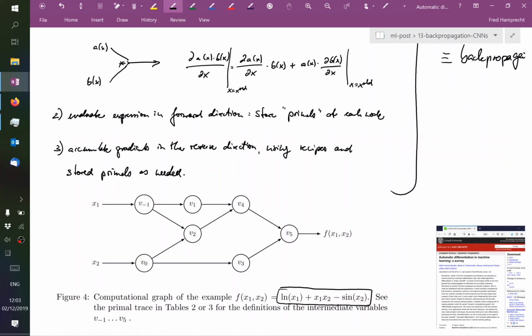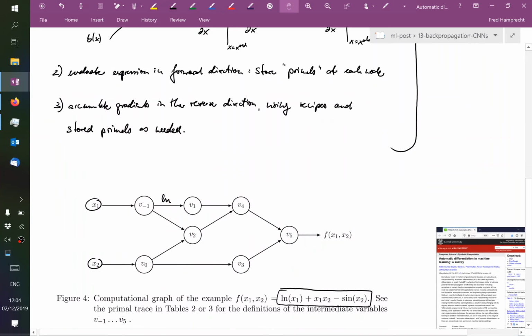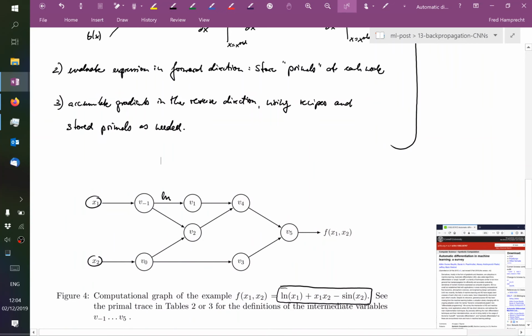are, okay, let's look at this. So we have x1 here, x2 there. The value at first is just copied, and then the operator sits on the arrows, let's say.